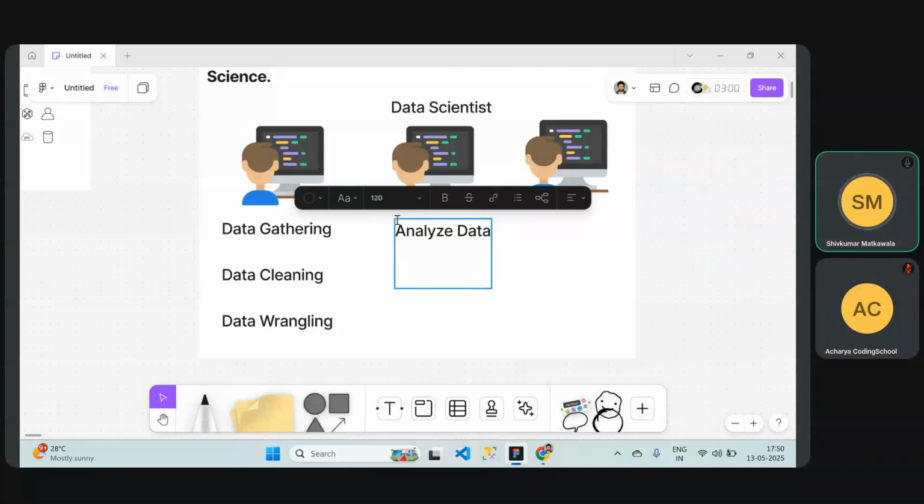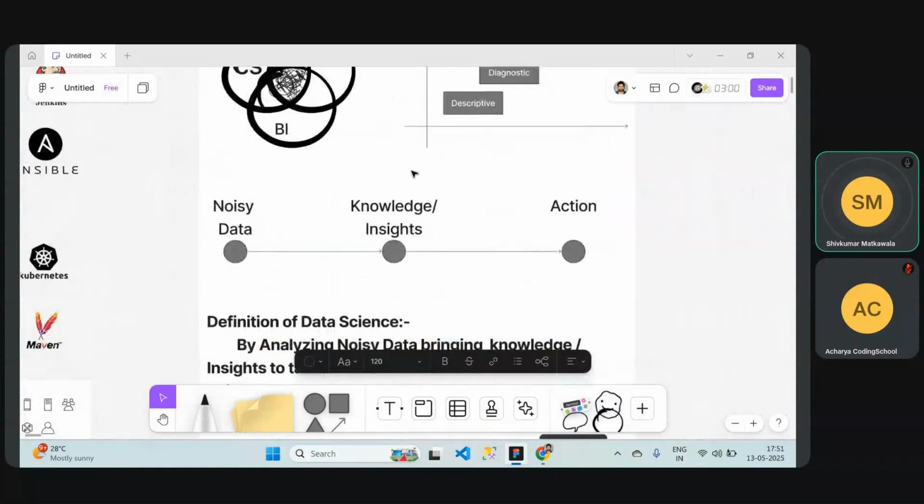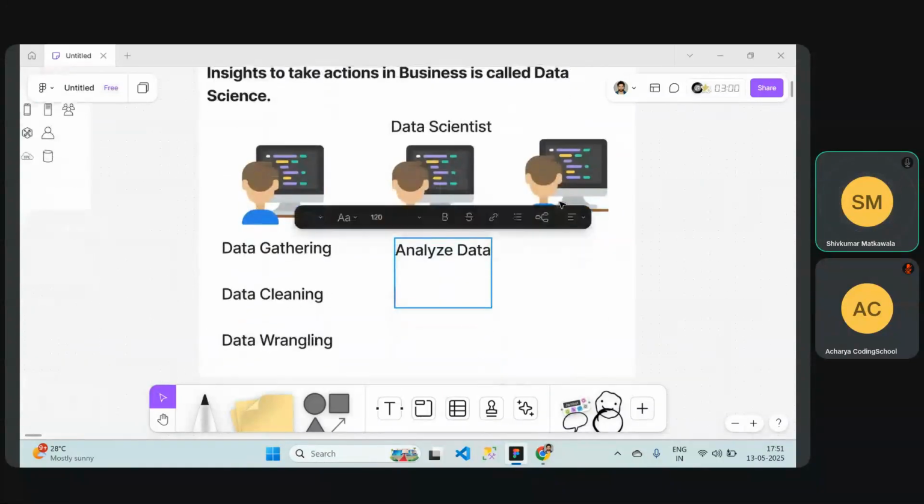But if the data is too big, because organizations are growing and data size is growing, it's not in our capability to study that huge data. We need machines, we need computers to study that data and help us to get knowledge out of it, to take some actions in our organization.